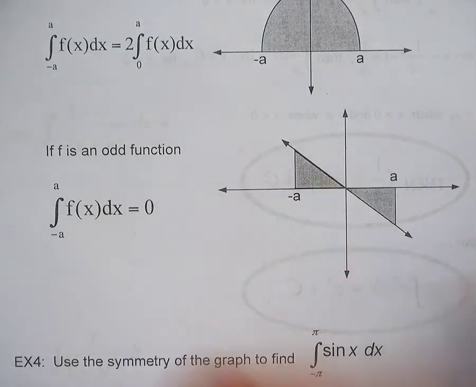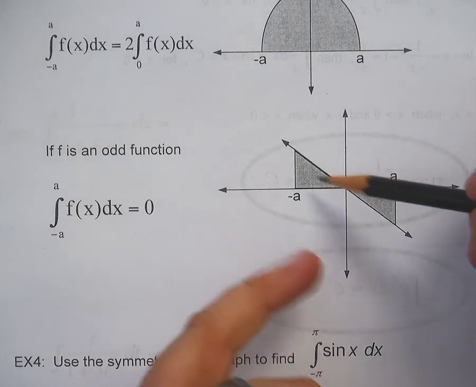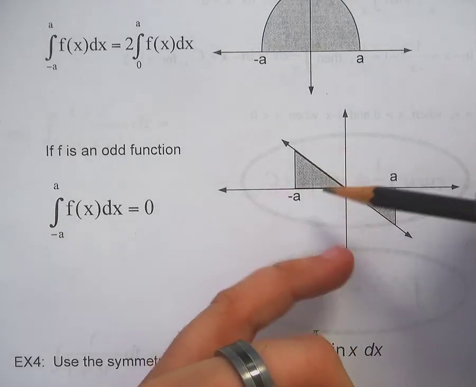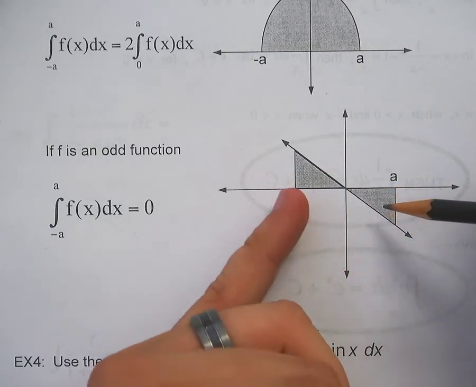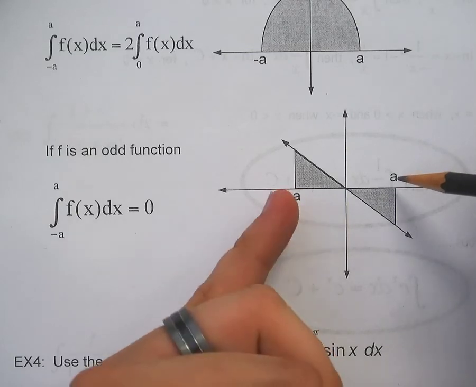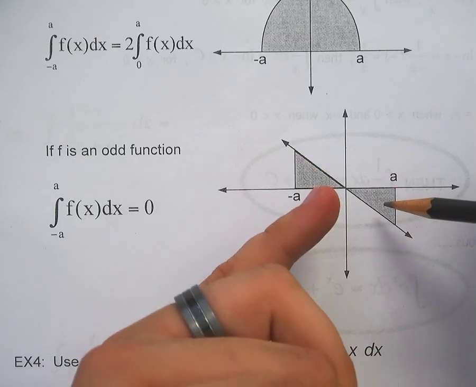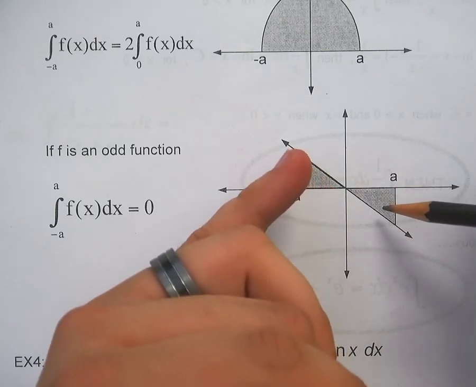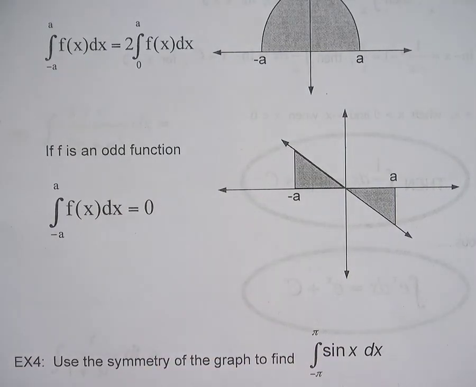Odd means it's an origin symmetry. So if you have a positive value over here and a negative value over here, going from -a to a, like say -2 to 2, -5 to 5, then these two areas are going to cancel out because they're the same area just in different directions. So it's going to end up being 0.